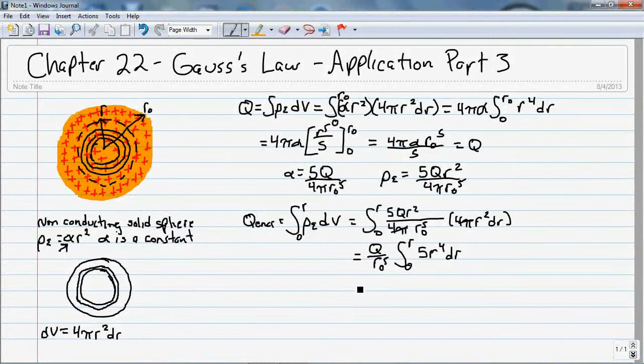So that leaves me with Q over r naught to the fifth, r to the fifth from 0 to r, and that just gives me Q times r to the fifth over r naught to the fifth. That's my Q enclosed.